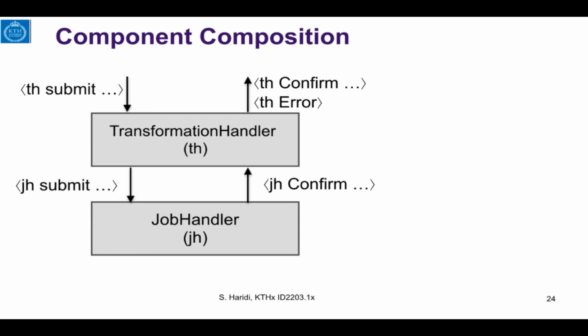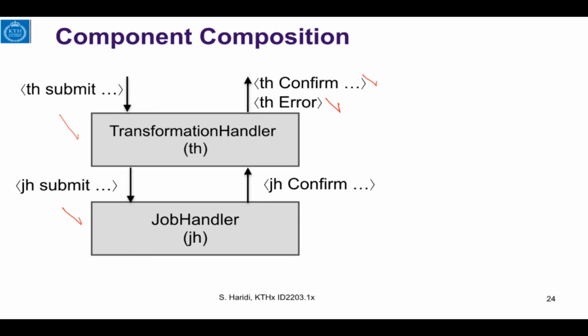We can go further and compose components together. So here is our component that we've just described. We can think of another component here called transformation handler. A transformation handler accepts a submit event, but it can produce either a confirmation that the job has been or eventually will be processed, or it can produce an error. When the transformation handler gets a submit event, it first checks the job and sees if it can be processed or not.